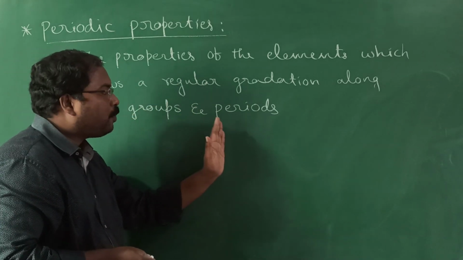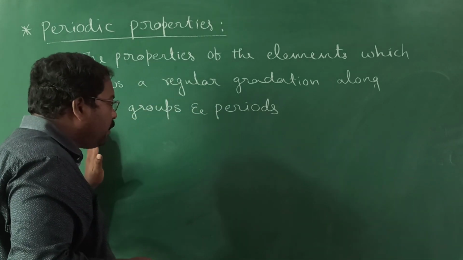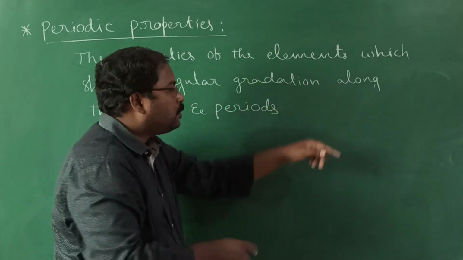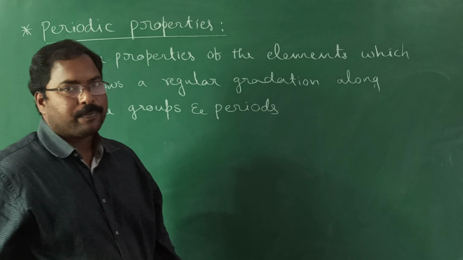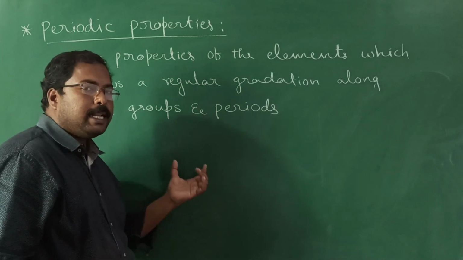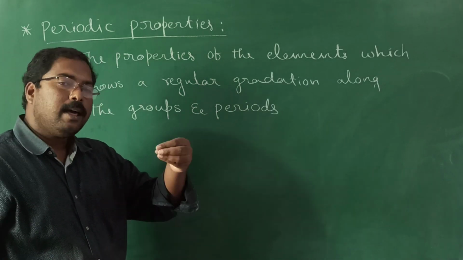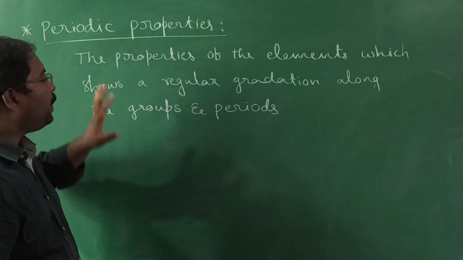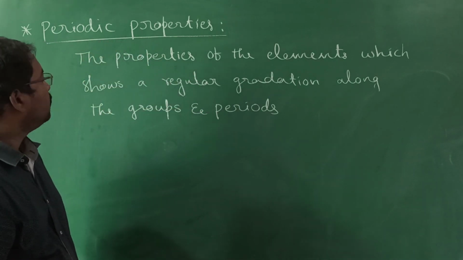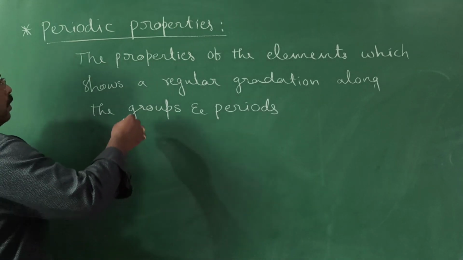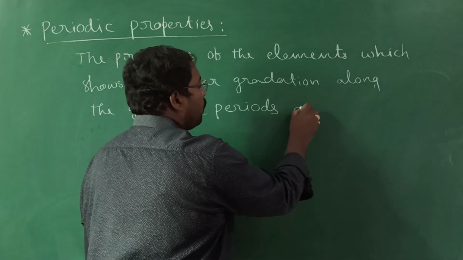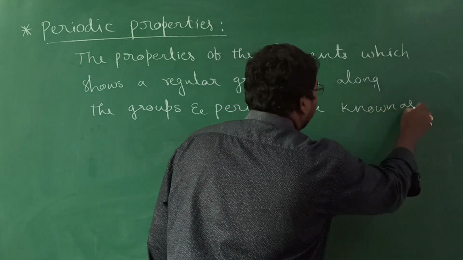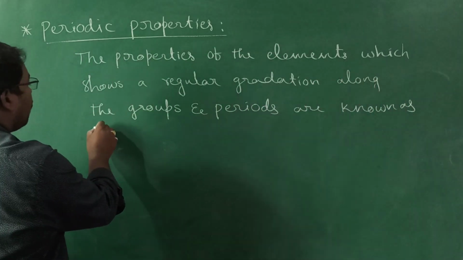In periods, we observe from left to right; in groups, from top to bottom. They show a regular change, either increase or decrease. Such properties are known as periodic properties.